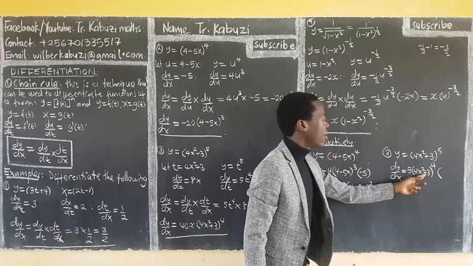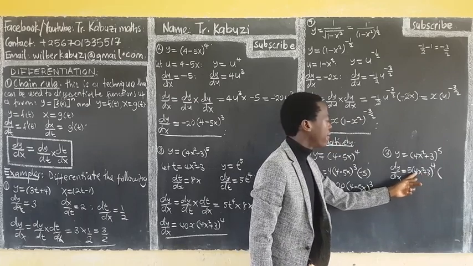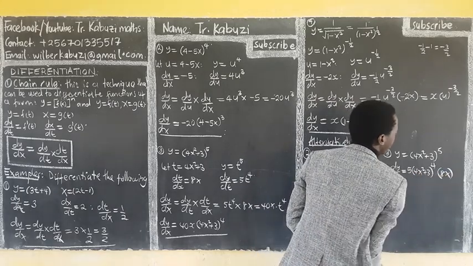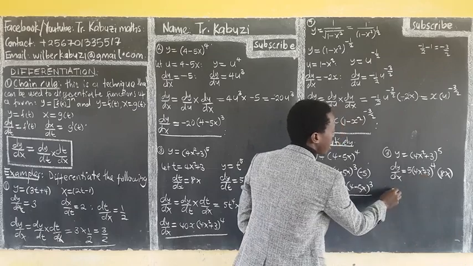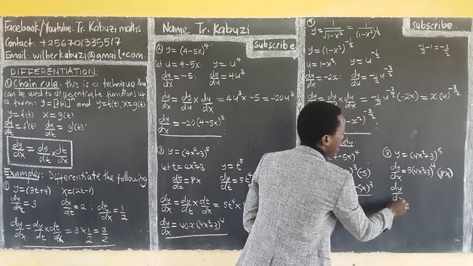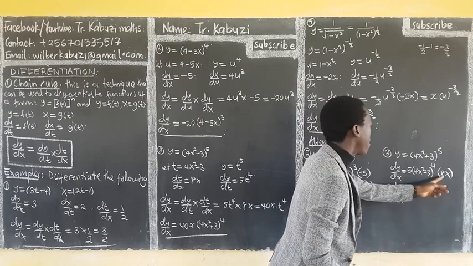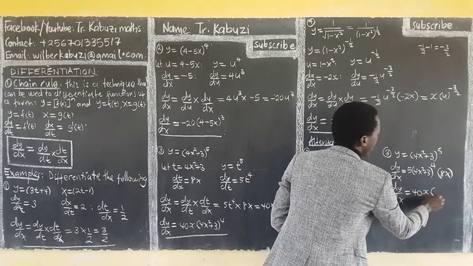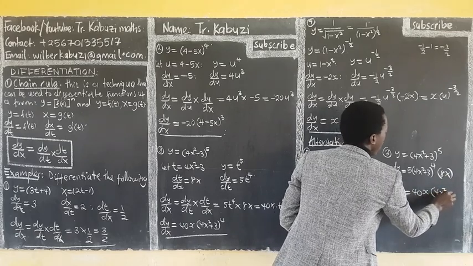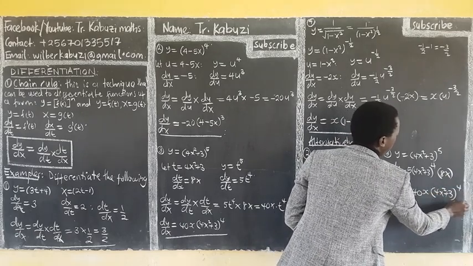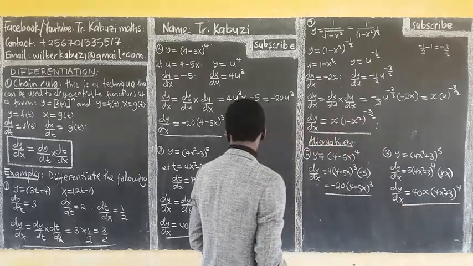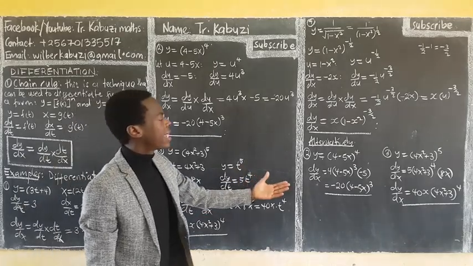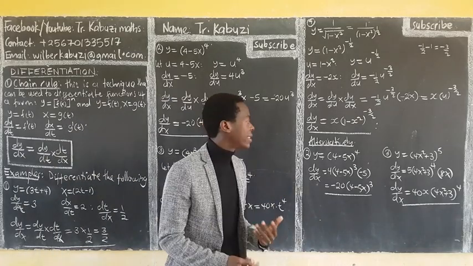When I differentiate 3, you get 0. When I differentiate 4x squared, you get 8x. When I multiply this and this, I get 40x times (4x squared plus 3) power 4. And we have finished that in one step. I think you see the answer there. It's the same. So this is how we apply the chain rule in simple terms.